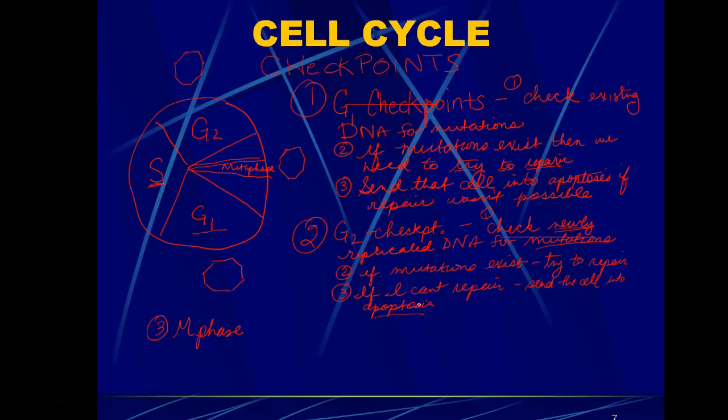And if you remember, apoptosis means what? Programmed cell death. Last one, M phase, but specifically in metaphase. If you remember, the 5 stages were prophase, prometaphase, metaphase, anaphase, telophase.